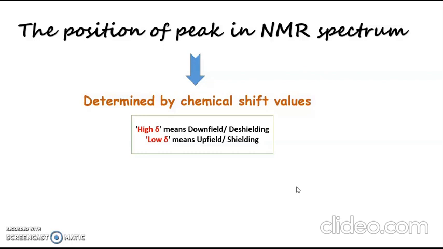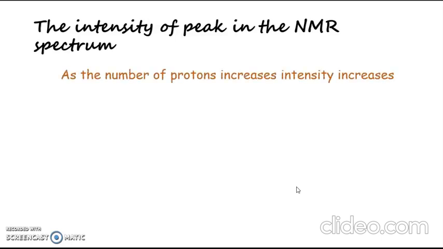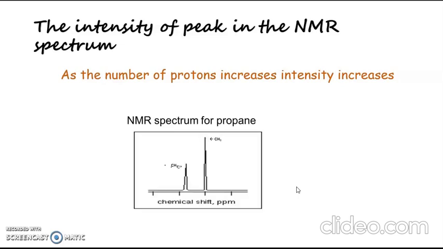And therefore I am coming to the next point, which is the intensity of peaks in the NMR spectrum. We also went through some examples in the previous lecture. As the number of protons in the same chemical environment increases, the intensity increases. Now we can consider the same propane.